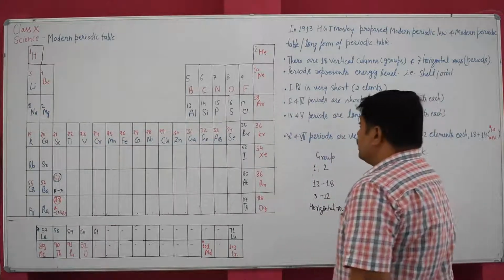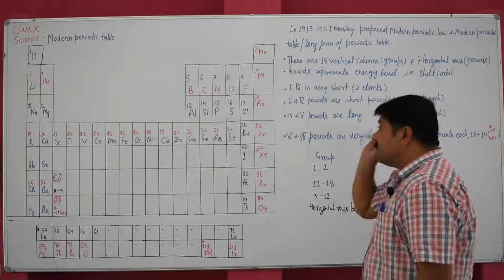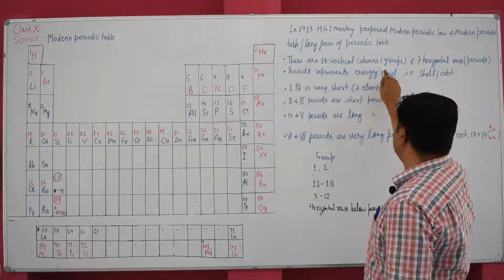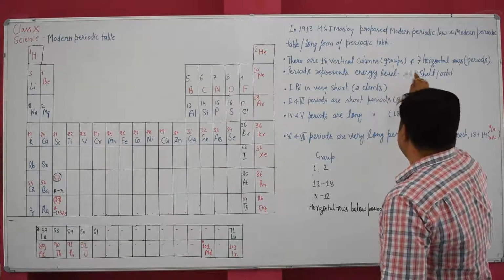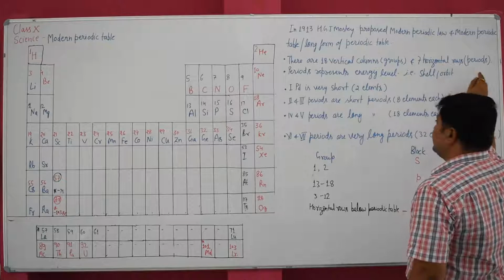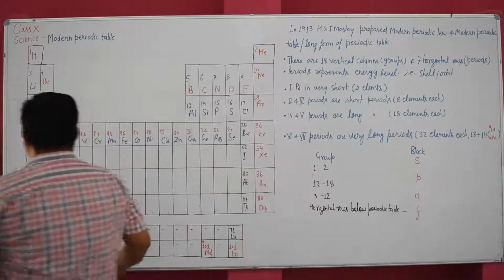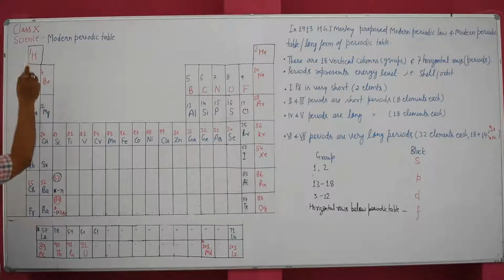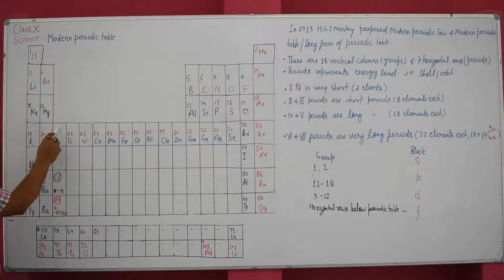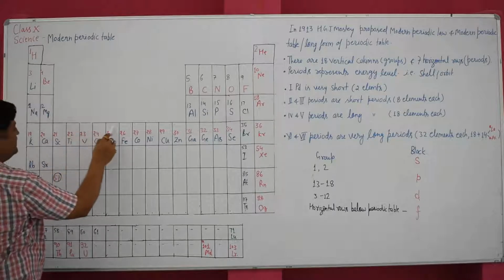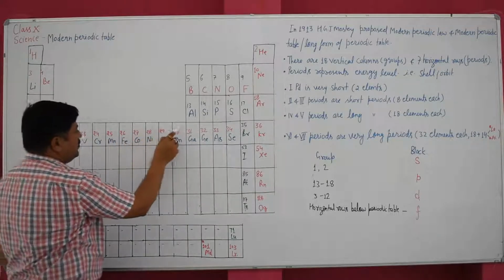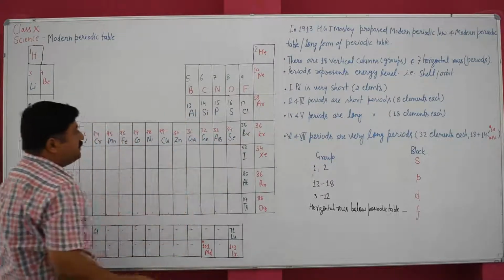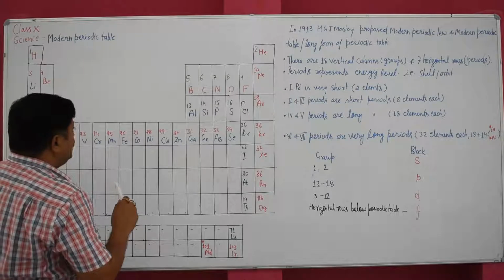So what he did, he divided the periodic table into 18 vertical columns known as groups and 7 horizontal rows known as periods. See students, look here: 1, 2, 3, 4, 5, 6, 7, 8, 9, 10, 11, 12, 13, 14, 15, 16, 17, 18. There are 18 vertical columns.